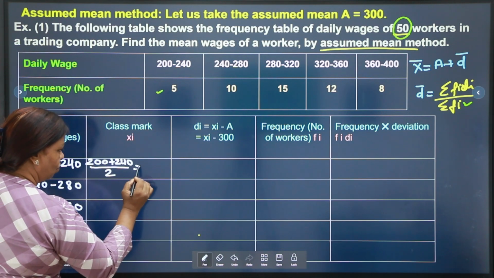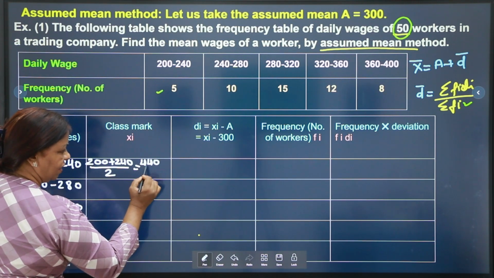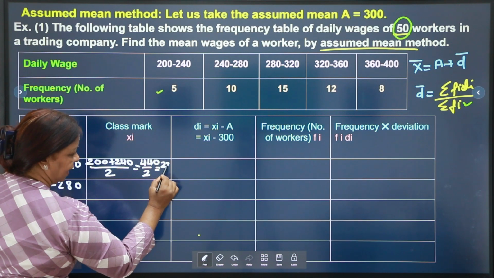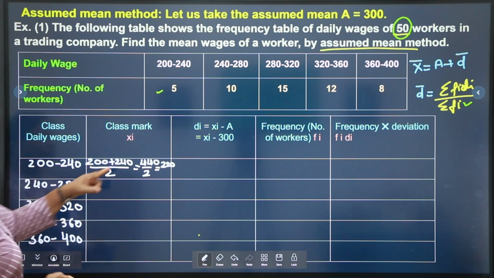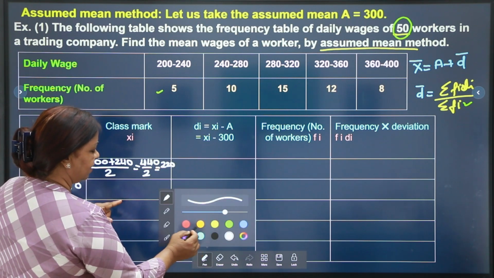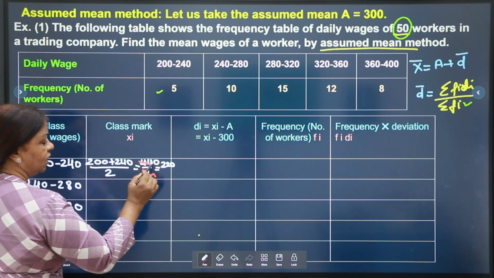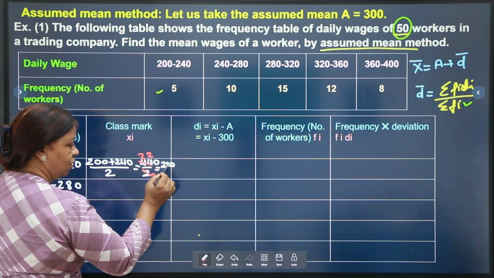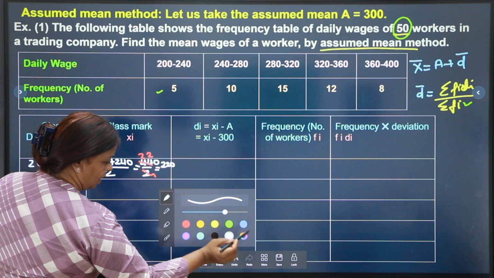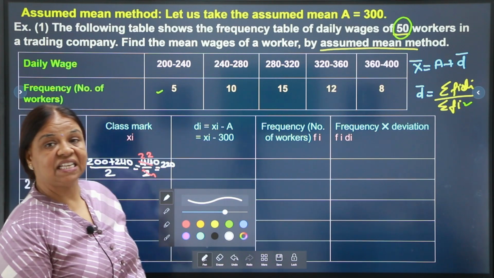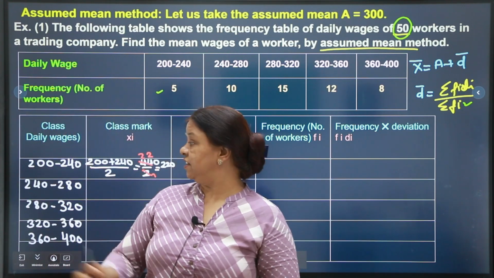That is going to be 440. 440 divided by 2 will be 220. Clear? So we got 220 as the class mark of the first class.